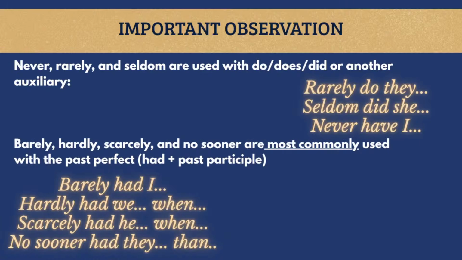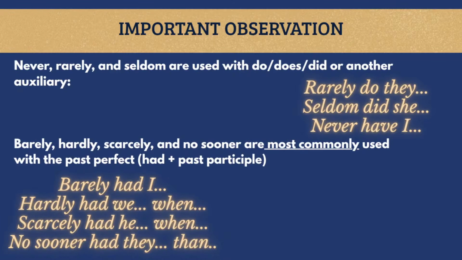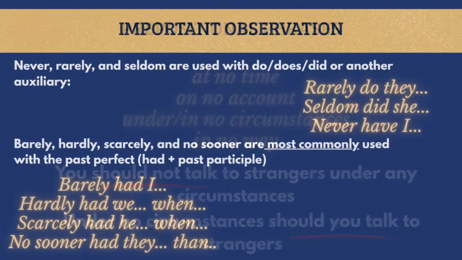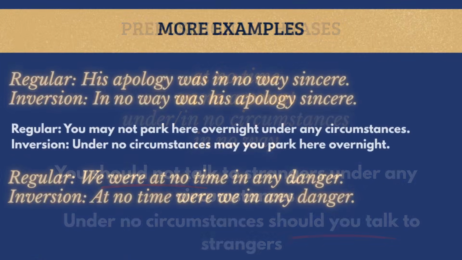They are more common. Does that mean that you can only use past perfect? No, you can use other ones, but it is more popular to use them with past perfect, okay? Now, the other ones, such as never, rarely, you will see with present perfect, simple past, simple present, you name it. You need context.